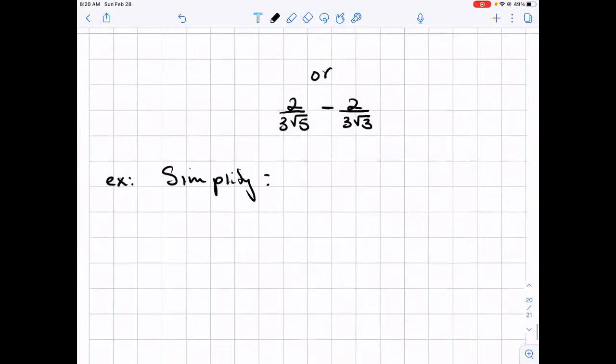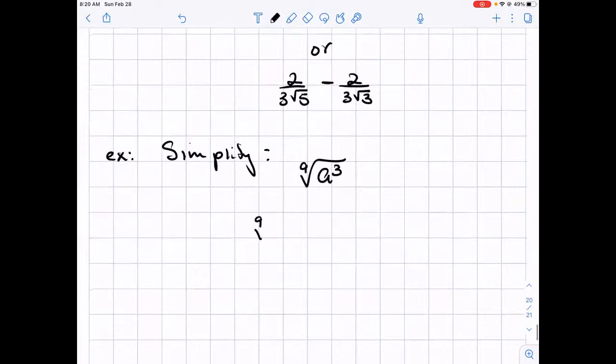So if I ask you to simplify the ninth root of a cubed, well, keep in mind, the ninth root of a cubed, or we can say a to the 3/9, is the exponential form, written as an exponent.